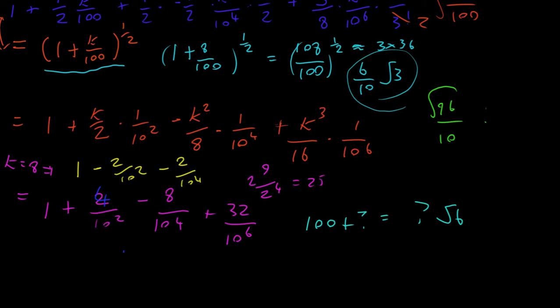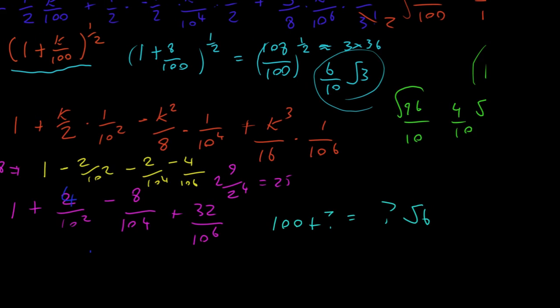Okay, and then here we're going to get, because that was 4 squared, -4. It's weird that they're all the same though. Why are they all the same? -4. Yep. And then when we're cubing the 4, we get -64, and that's going to give us a -4 over 10 to the 6.